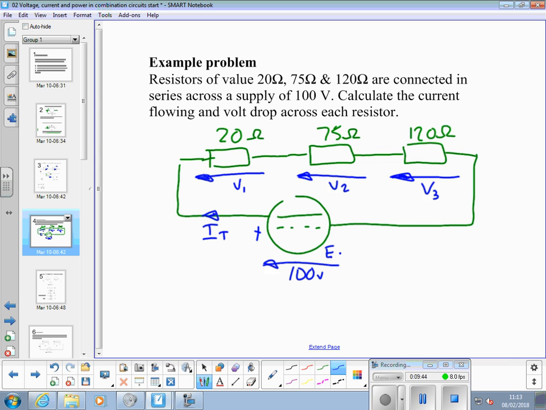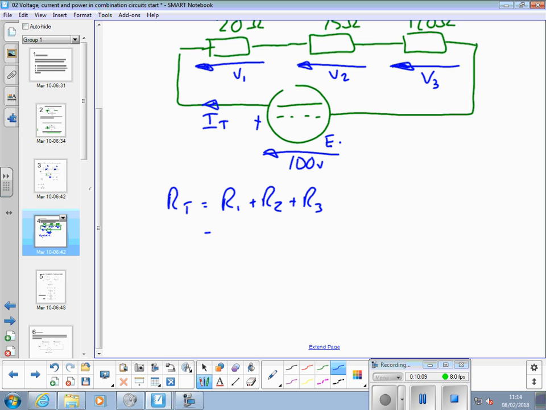Okay, we're going to start then. RT is R1 plus R2 plus R3, which is 215 ohms.